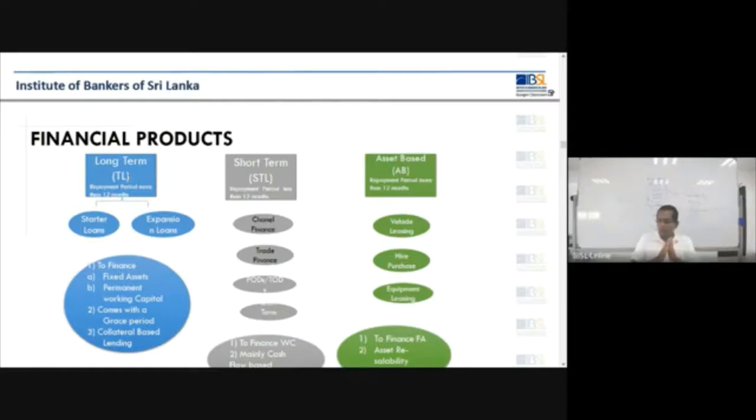Long-term loans will be repaid over more than 12 months. Normally it comes with a grace period, with the exception that if we are giving a loan to purchase land, we hardly give grace periods. If it is for working capital, we hardly give grace periods. Long terms are divided into startup loans or modernization or expansion loans.